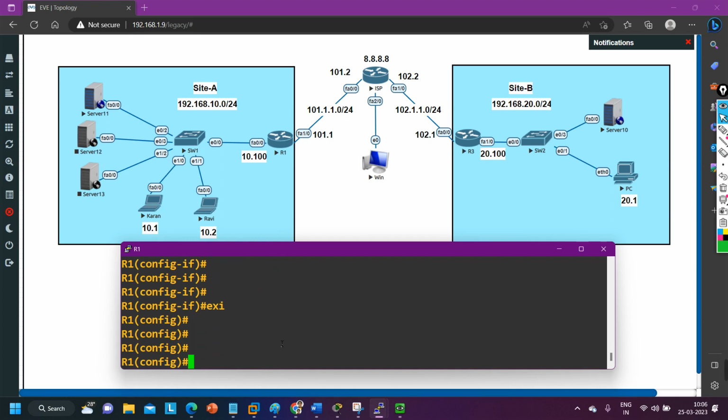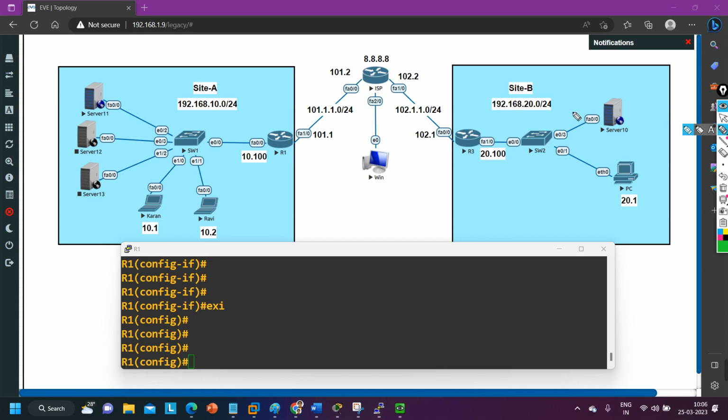right? And now guys, I am not going to do one-to-one mapping. So what we need to do is define interesting traffic over here. We need to define this network as interesting traffic, because my destination is not a single IP address now. My destination is the entire network. So I can create one ACL, I can create one route map.